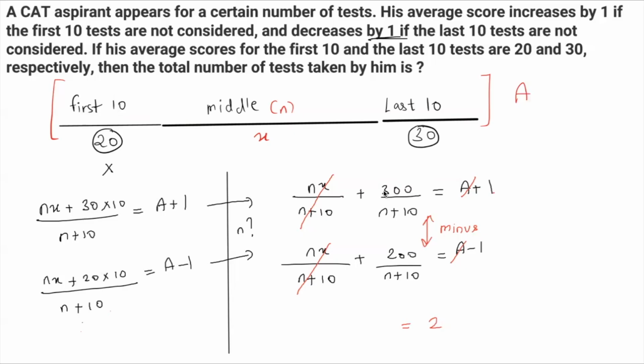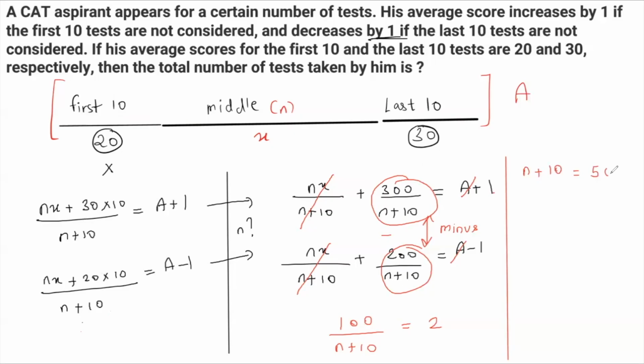Again, on the left hand side, 300 upon n plus 10 minus 200 upon n plus 10. These two terms have the common denominator n plus 10, so the numerators get subtracted. 300 minus 200 is 100, right? So cross multiplying and cancelling out 2 from both sides, that gives me n plus 10 is equal to 50.